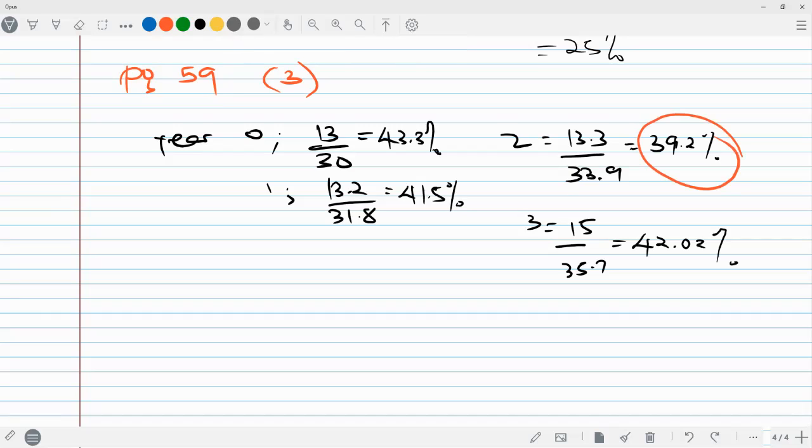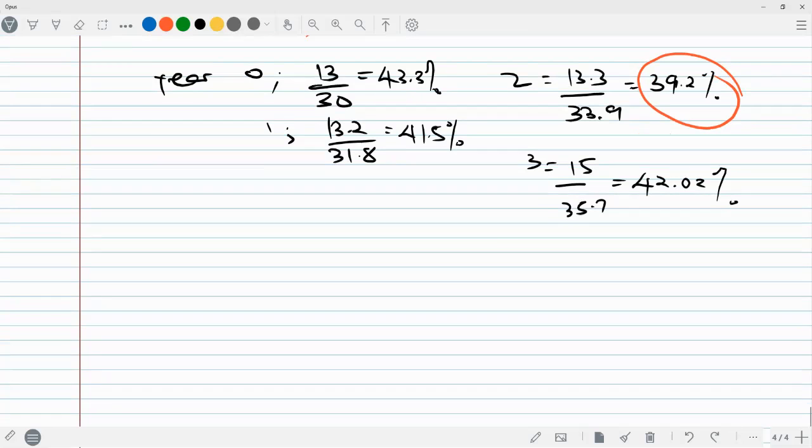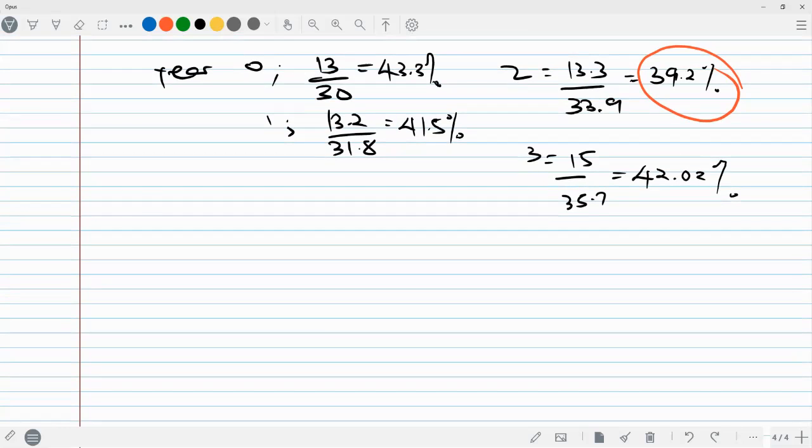Part B: the mean growth in dividend per share over the period is 4%. Let's see. In year 0, the dividend, we call it D0, is 13. D3, three years later, is equal to 15.